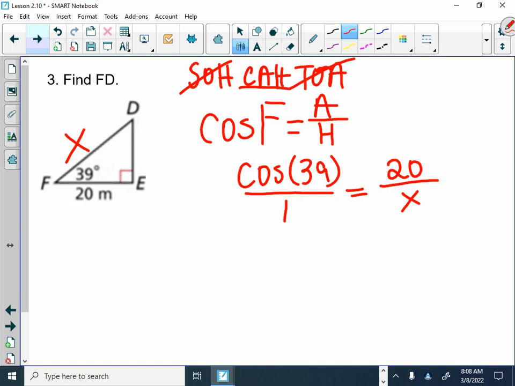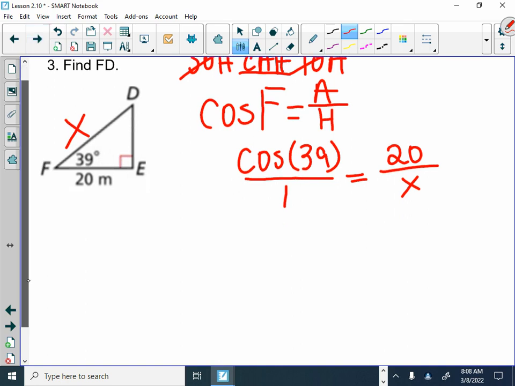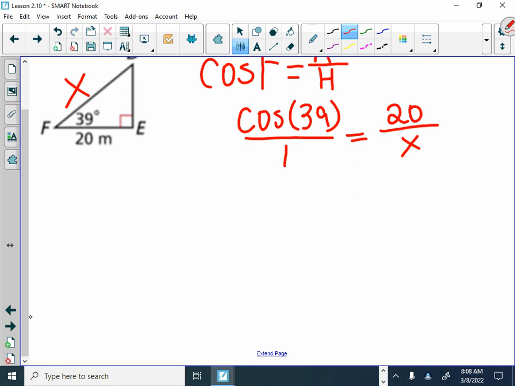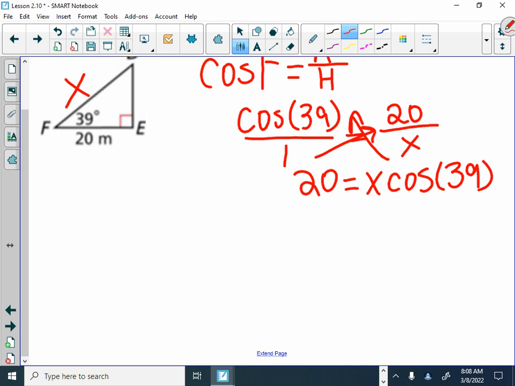And then cross multiply. When I cross multiply, I get 20 equals x cosine of 39. And how do I get x all by itself? Divide by cosine of 39.